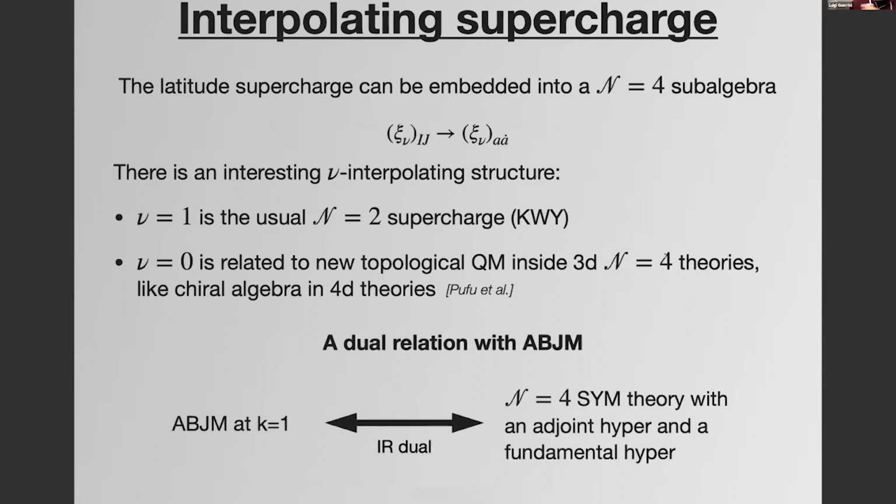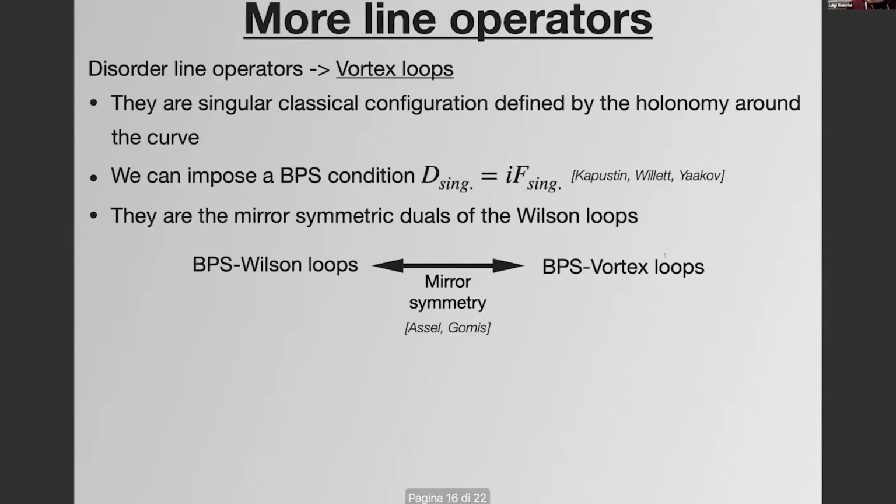Moreover, since ABJM at k equals 1 is infrared dual to an N=4 super-Yang-Mills theory with an adjoint hyper and a fundamental hyper, we can ask which are the dual loop operators for our latitude. To answer this question, I need to introduce the disorder version of the Wilson loop, which is the vortex loop.